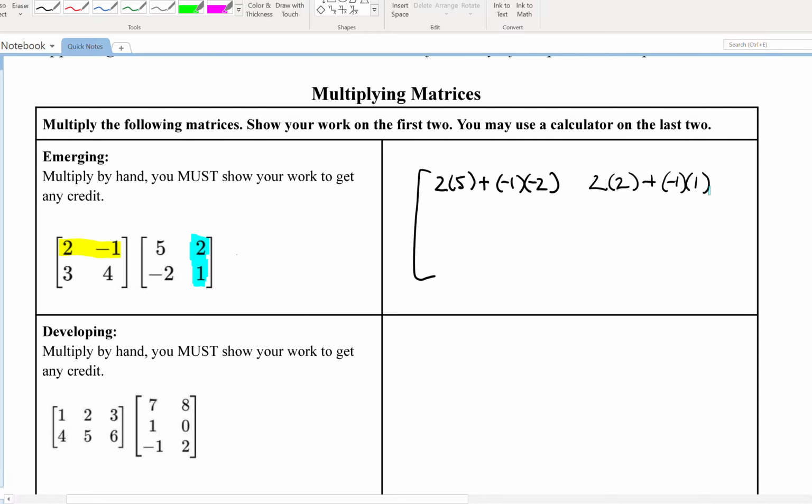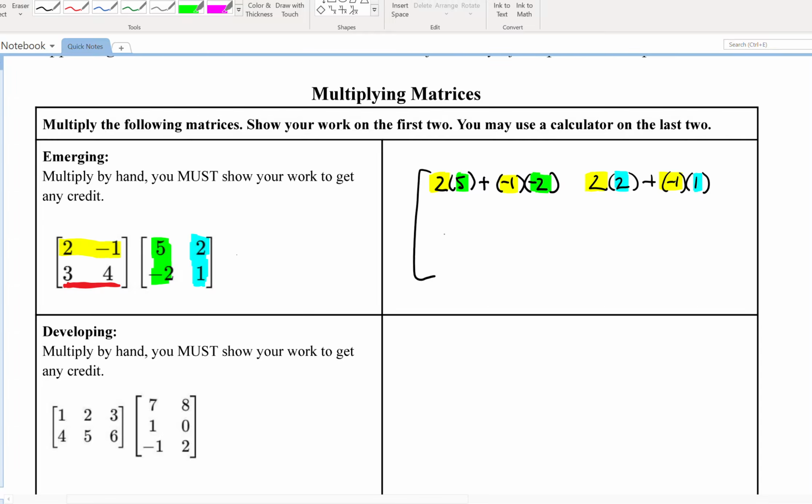So this was that 2 and that 1, and this 2 and -1, and this 2 and -1 was here. Let's go ahead and put this here. This 5 and that -2 was there. And then I'll just underline this one because the red makes it hard to see.